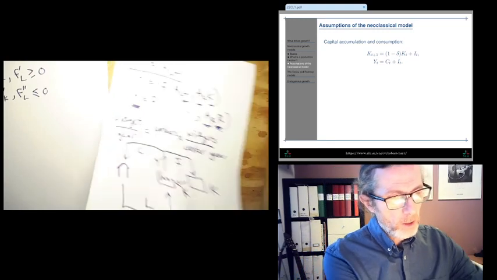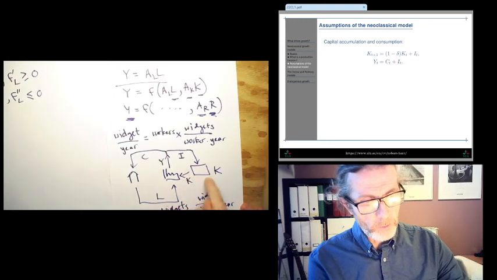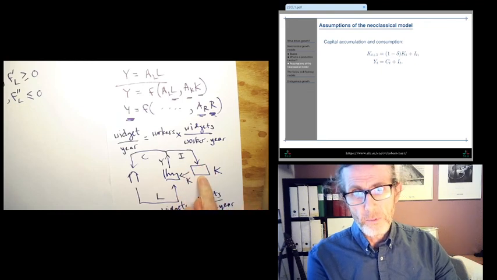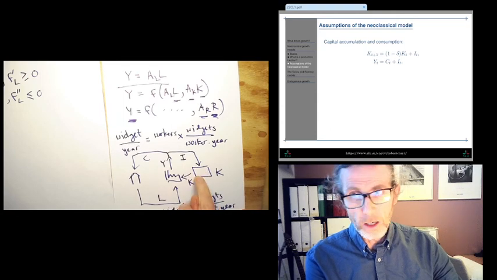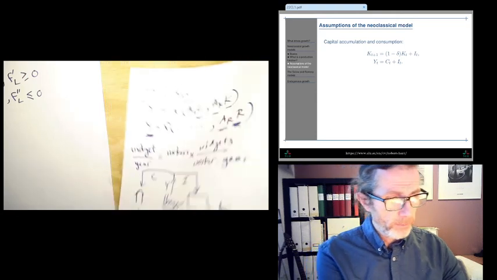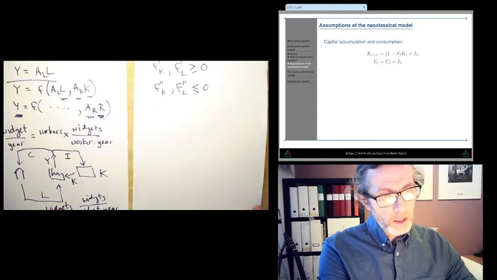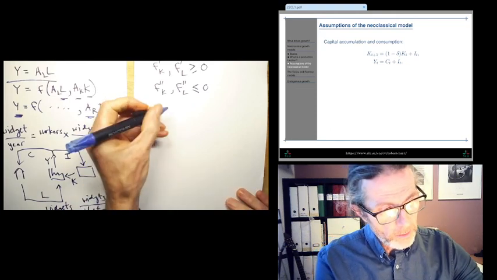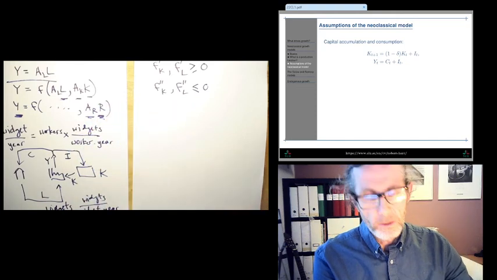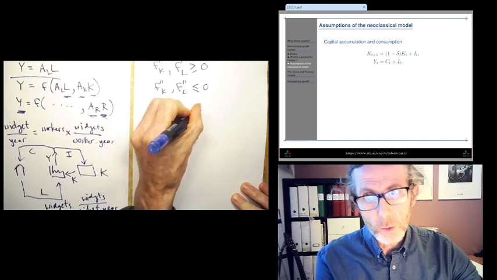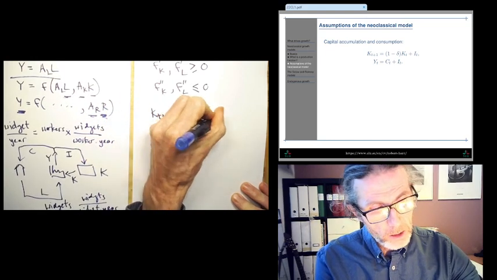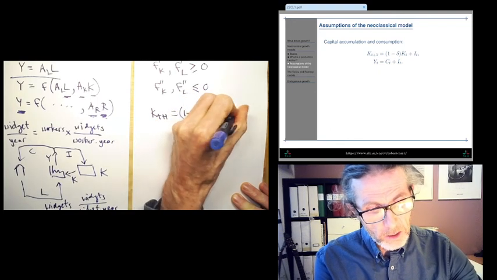In a given period, we've got a stock of capital K. In the next period, we add I to it, but we lose delta K. And in discrete time, that works out as K(t+1) equals (1 minus delta) K(t) plus I(t).